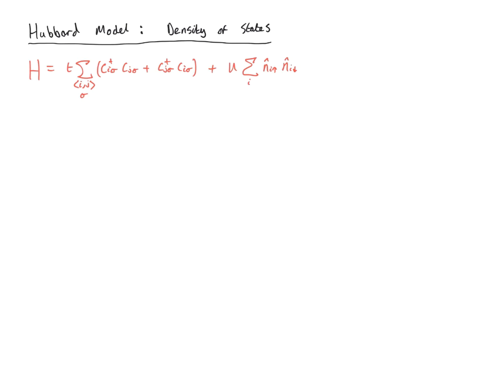And again, we'll resort to the two different limits. Let's consider first the extreme limiting scenario of the Coulomb interaction U goes to 0. Then we're left with the non-interacting tight binding model with electrons, for example, hopping around on a 2D square lattice.